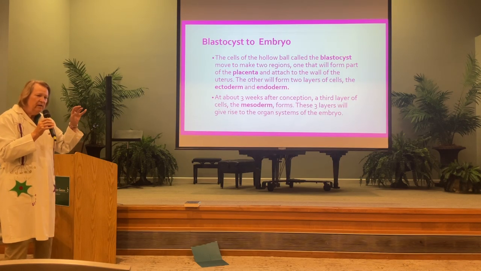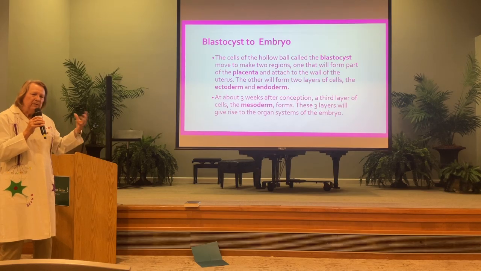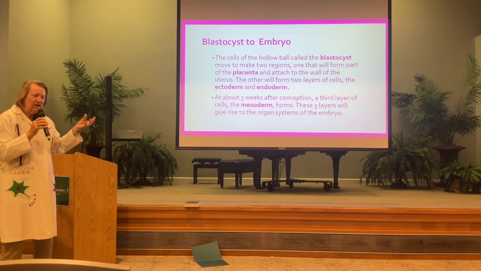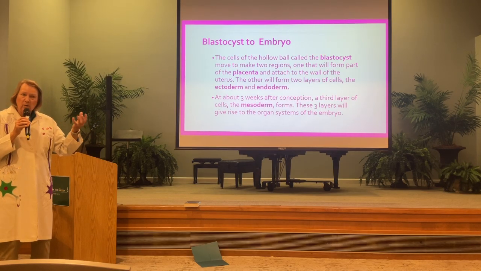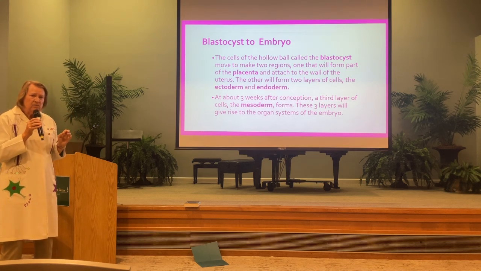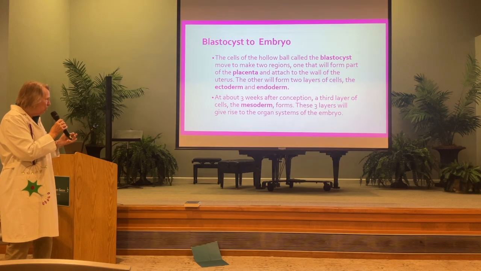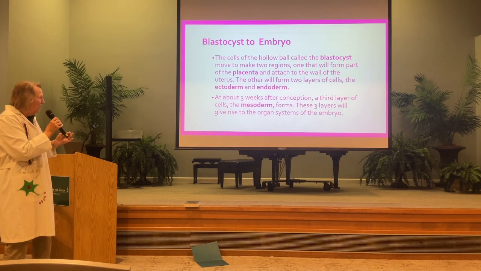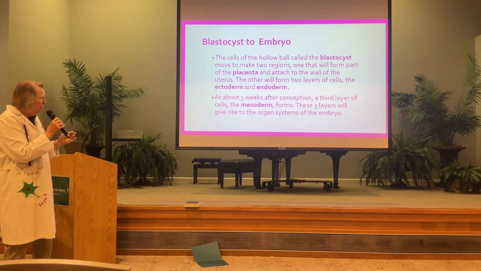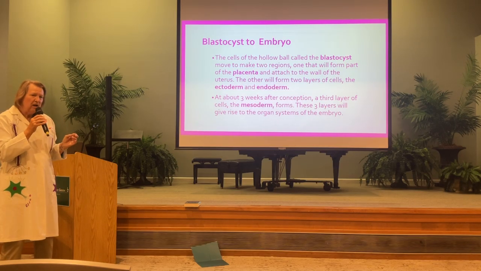That little section becomes part of the placenta and is where the developing blastocyst will attach to the wall of the mother, and then the rest of it forms 2 layers of cells called the endoderm and the ectoderm. And at about 3 weeks after conception, so at this point it's been embedded in the wall of the uterus for about a week or maybe 2 weeks, a 3rd layer will form.